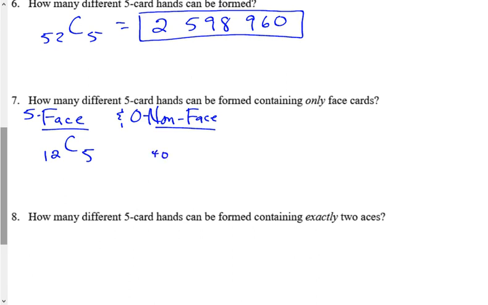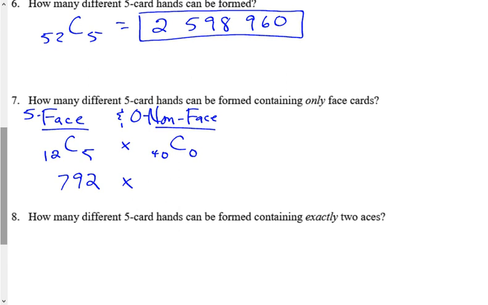So there are 40 non-face cards, and I want to choose 0 of them. So I'm going to choose the face cards, and I'm going to choose 0 non-face cards, and "and" means multiply. So when I do 12 choose 5, I get 729. Nope, 792. And I did that this morning too. 792.